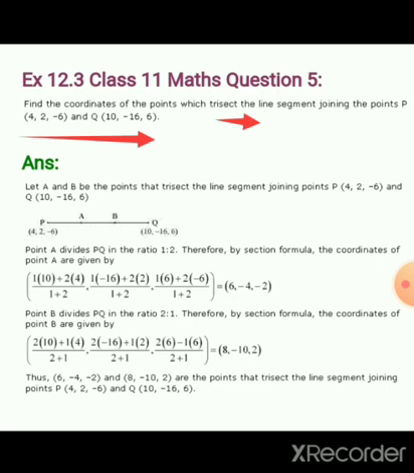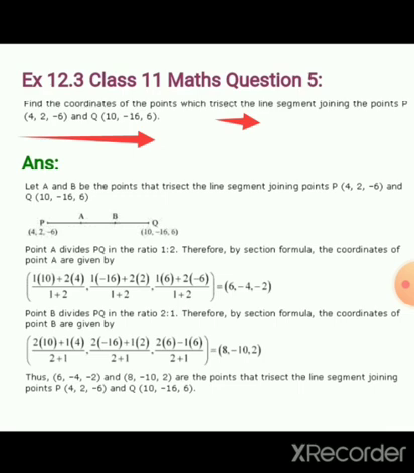So consider m equal to 1, n equal to 2. Next, substitute the coordinate values, that is mx2 plus nx1 divided by m plus n, my2 plus ny1 divided by m plus n, mz2 plus nz1 divided by m plus n. So equal to the remaining coordinates, that is (6, -4, -2).